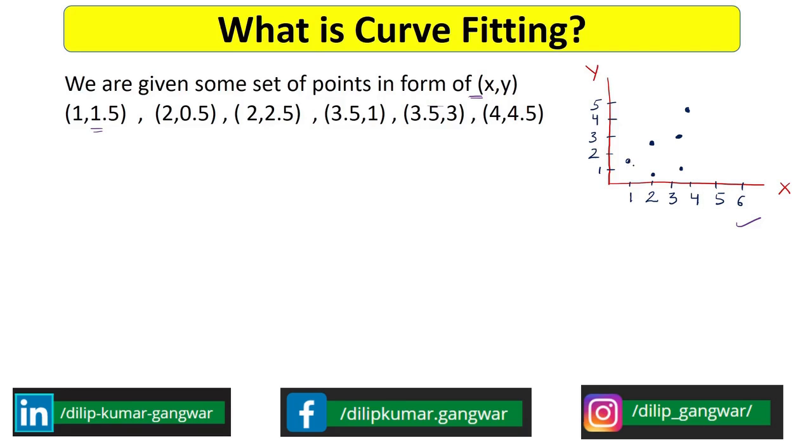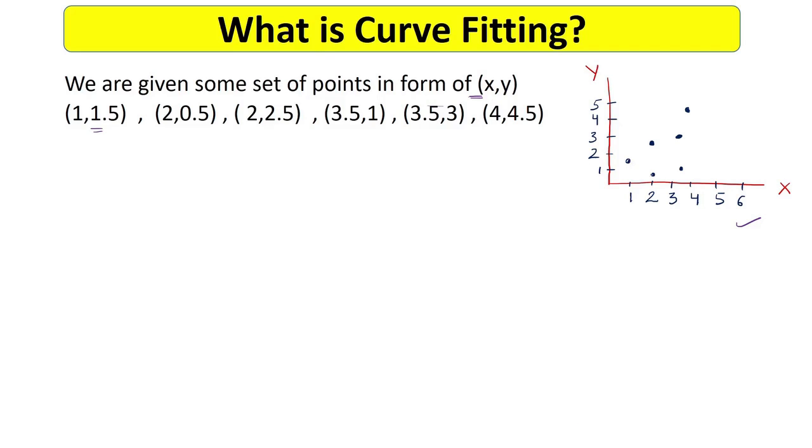So how can we join or find the relation between these data points? I can draw a curve something like this to join these data points. In this way I can say these data points are related to each other, and this curve will have some equation which mathematically joins all these data points.